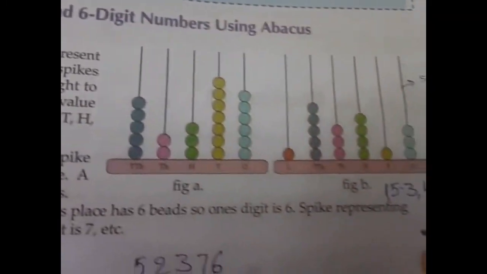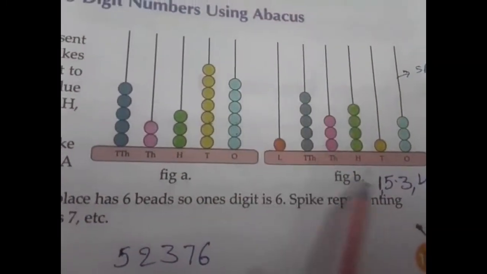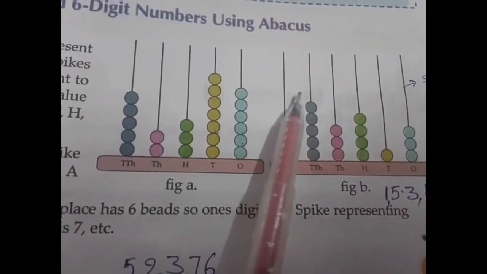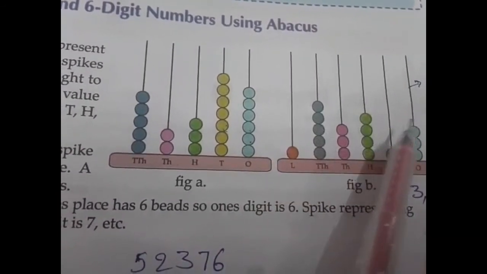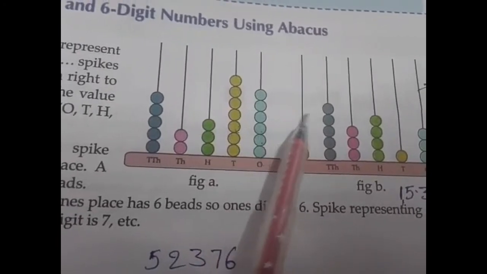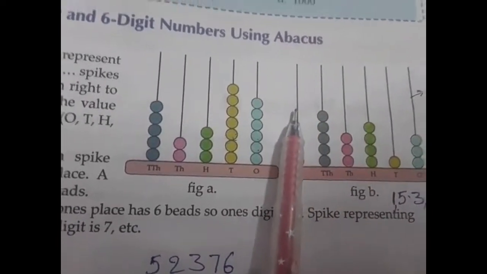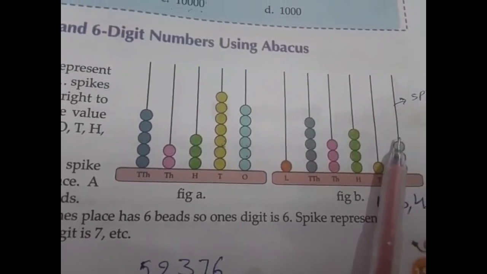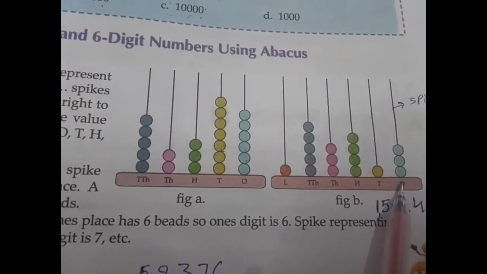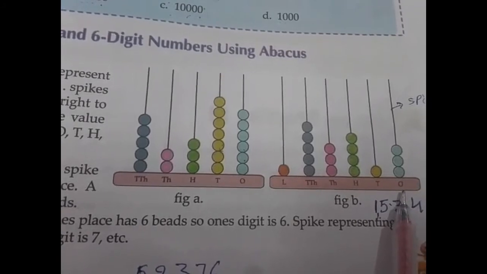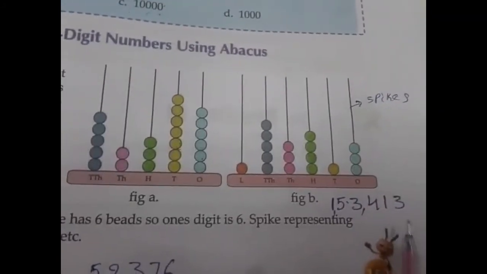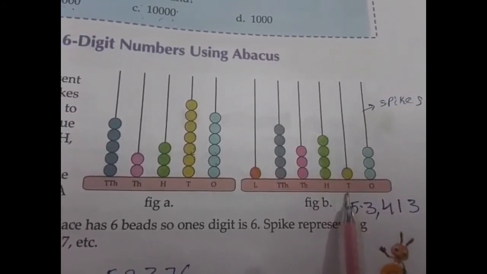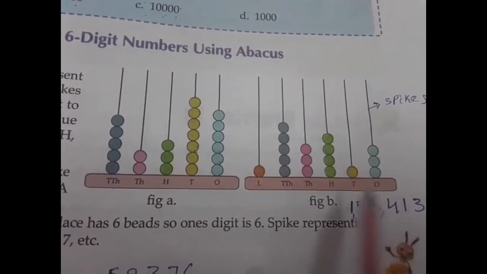Here, next, see the picture. How many spikes are there? 1, 2, 3, 4, 5, 6. Then the 6 spikes represent a 6-digit number. Here, count the beads in the first one from the right. 3. Keep the 3. Next one in tens place 1.